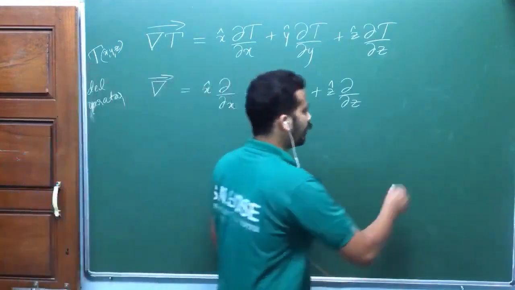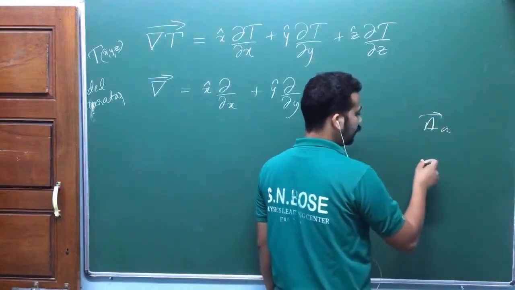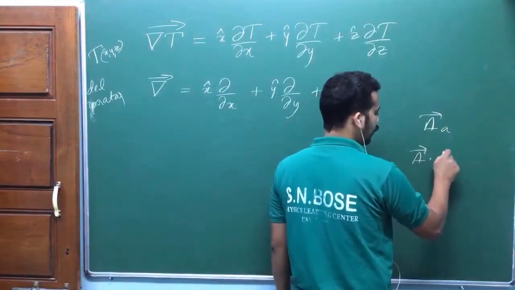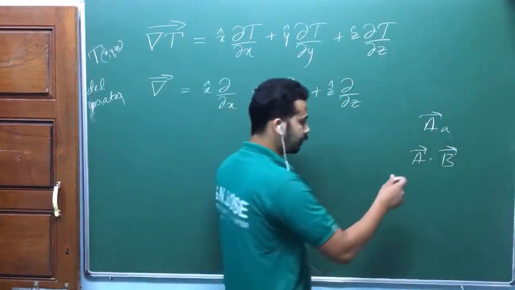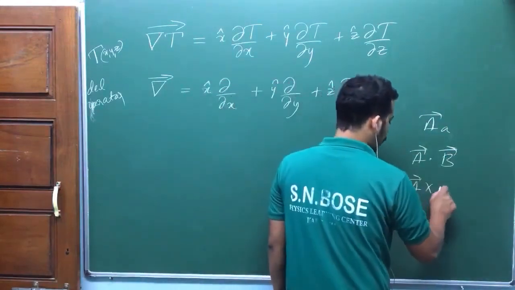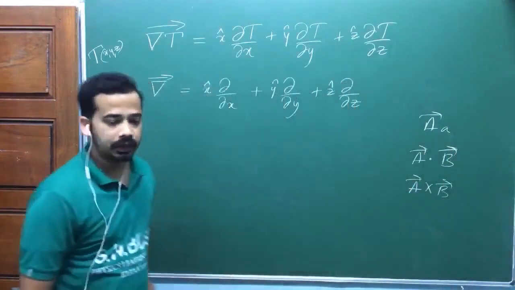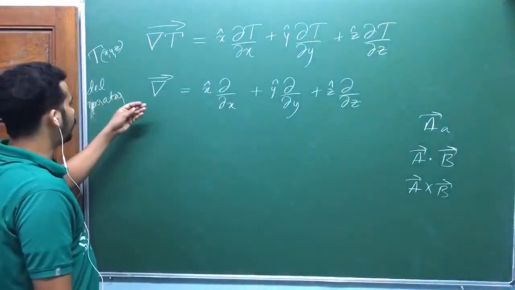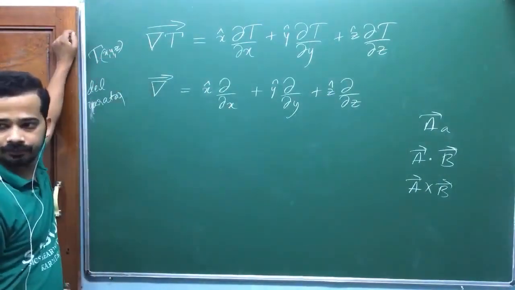Just like if you have a vector, you can multiply that vector by a scalar, am I right? If you have two vectors, you can take the dot product between them, and you can take the cross product between them, am I right? You can do a lot of things with a vector. Similarly, you can do a lot of different types of operation using this del operator. The gradient is one of them.